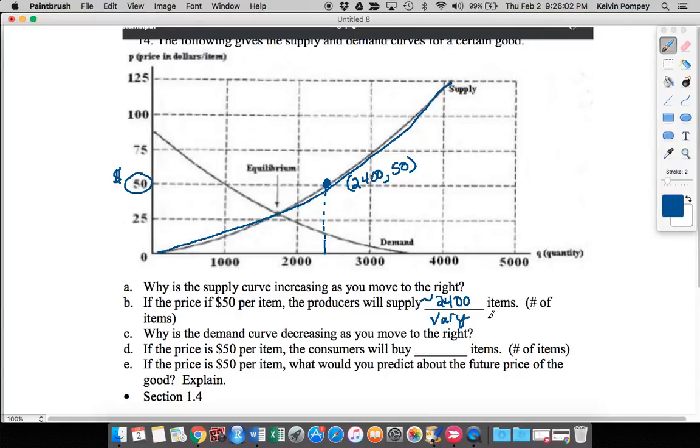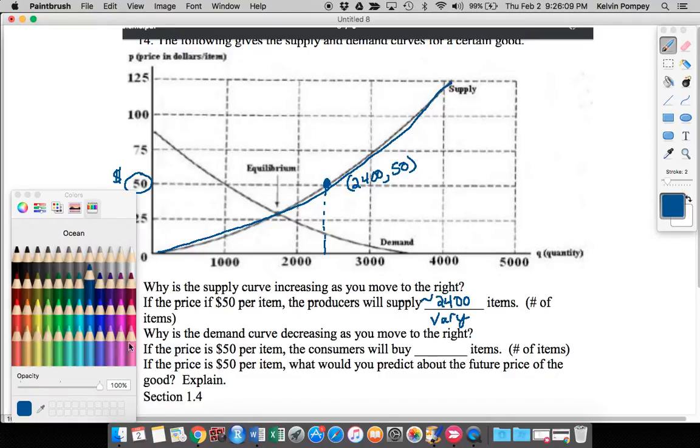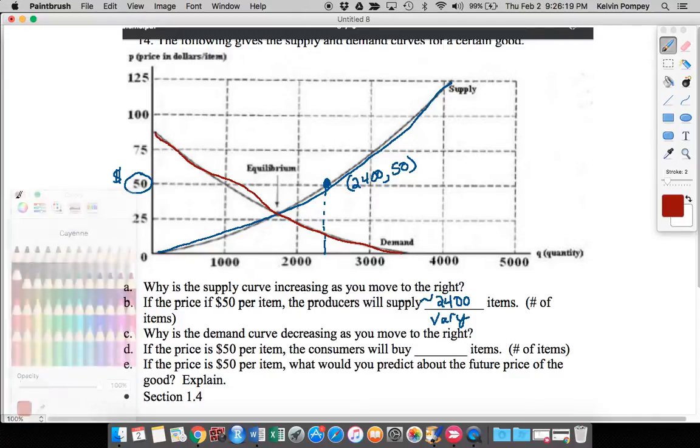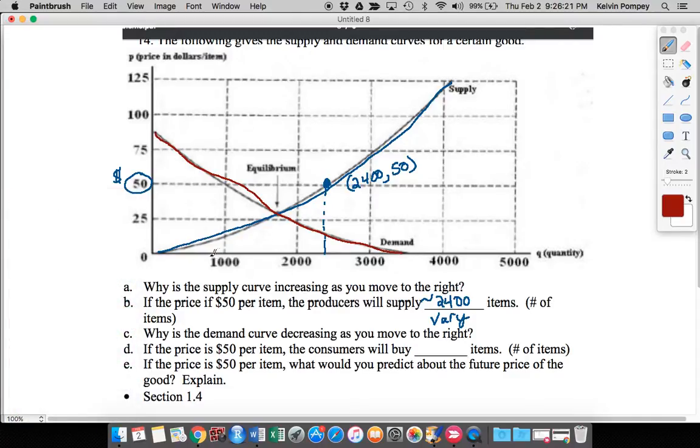Okay. Part C, why is the demand curve decreasing as you move to the right? Our demand curve is given over here. It's the decreasing curve here. And it's decreasing because people don't want to buy a product at a very high price, right?